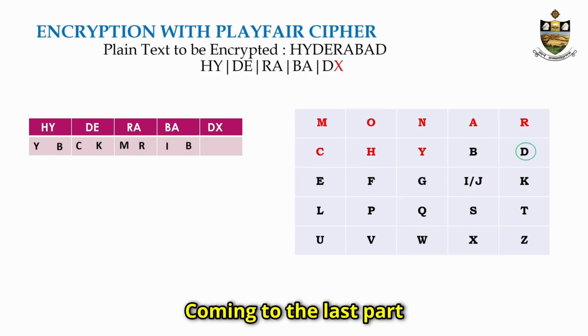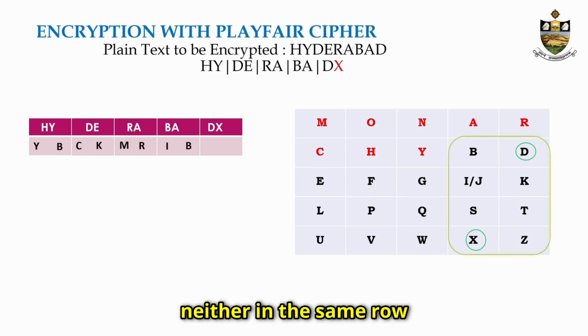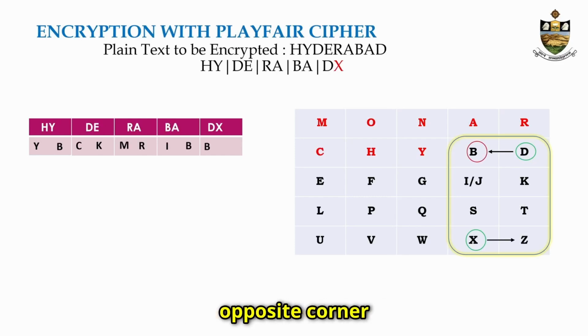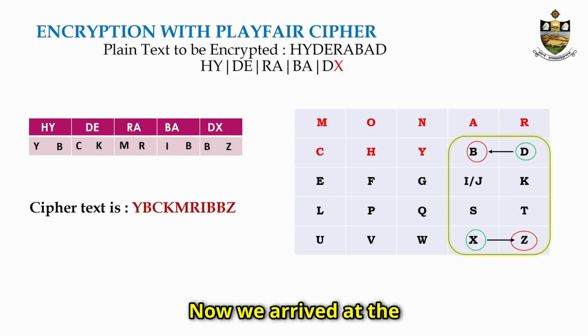Coming to the last pair, DX. They are also neither in the same row nor in the same column. We have to create a rectangle, and here the letter in the opposite corner of D in the same row is B, whereas the letter in the opposite corner for X in its row is Z. Hence, the ciphertext for D is B, X is Z. Now we arrived at the replacement values, which is nothing but the ciphertext of Hyderabad.